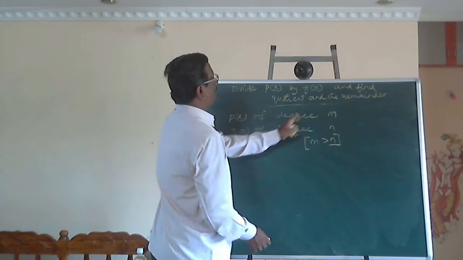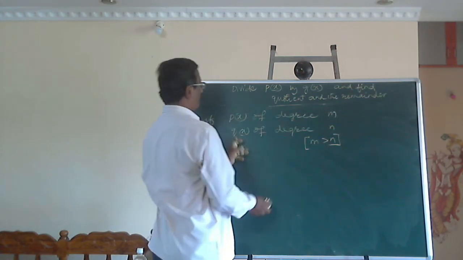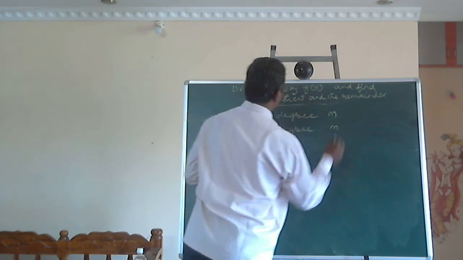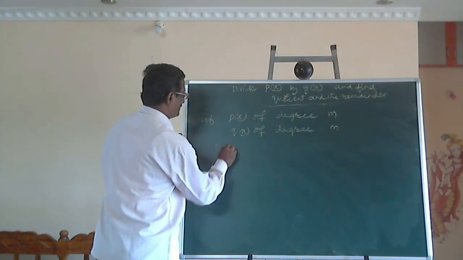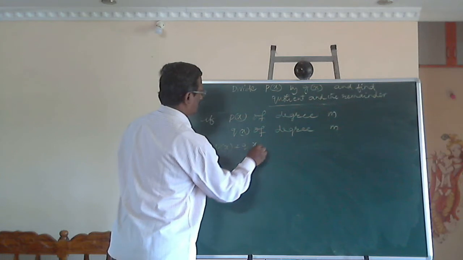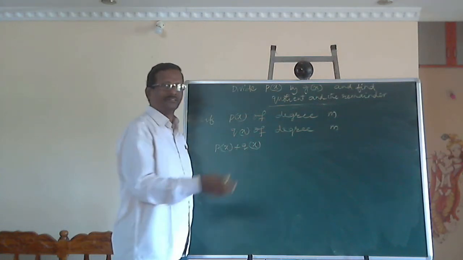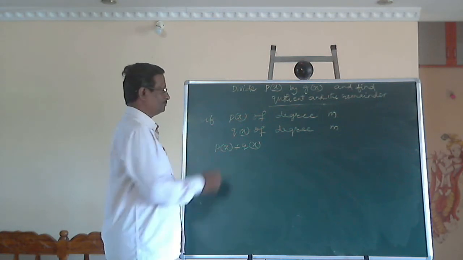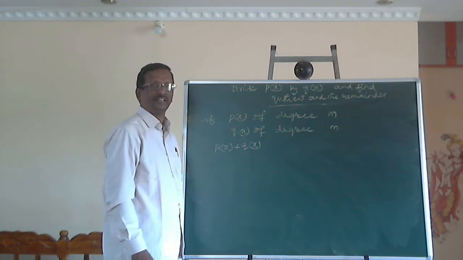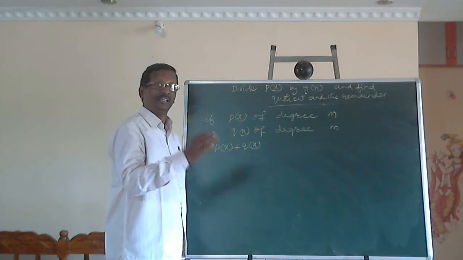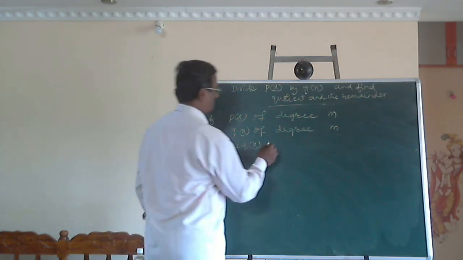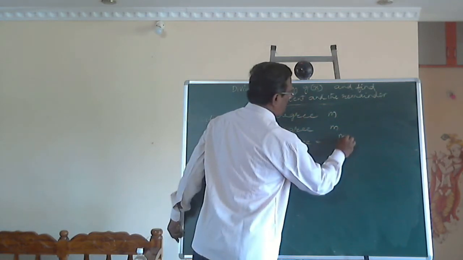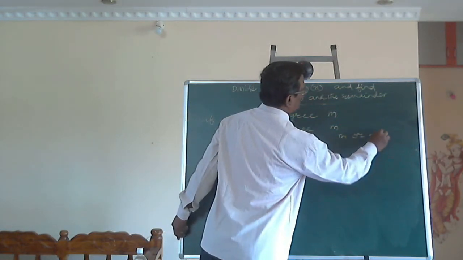P(x) is a polynomial of degree m. Q(x) is also a polynomial of the same degree m. Then P(x) plus Q(x), the sum of the two polynomials, is also a polynomial. Then what do you know about the degree? In case the two polynomials have equal degree, then the degree of P(x) plus Q(x) is either m or smaller than m.